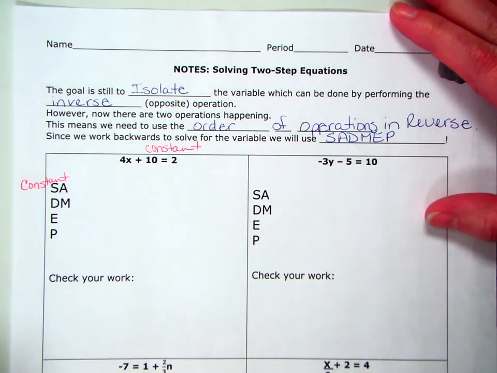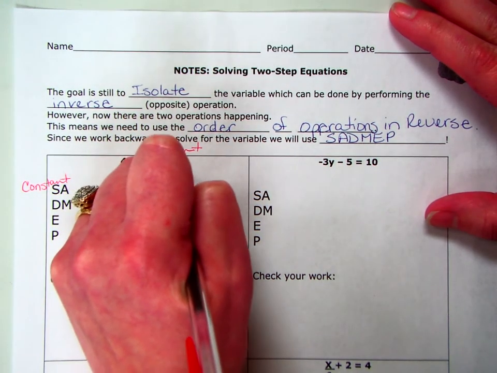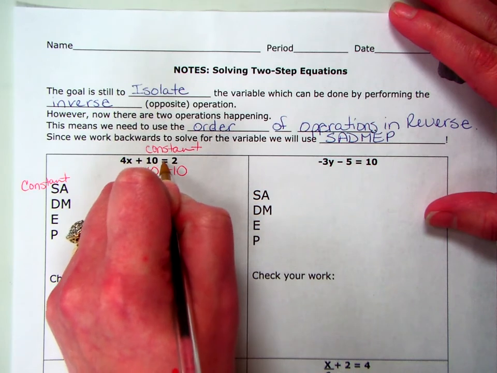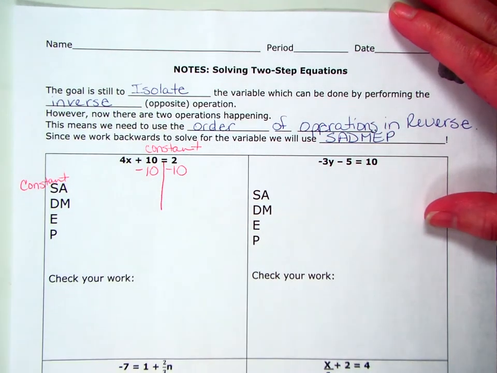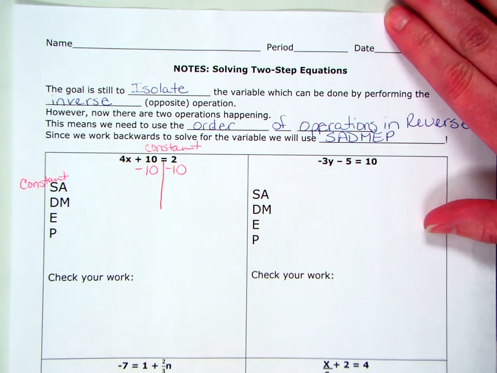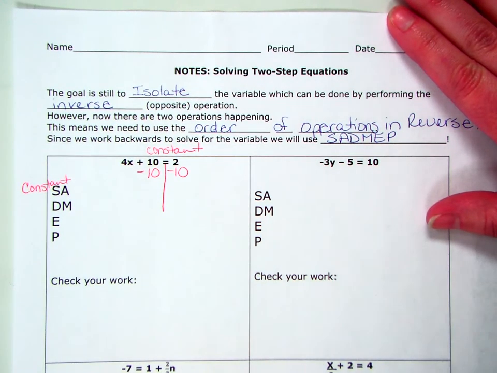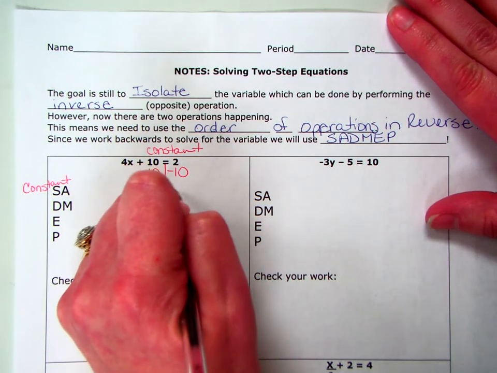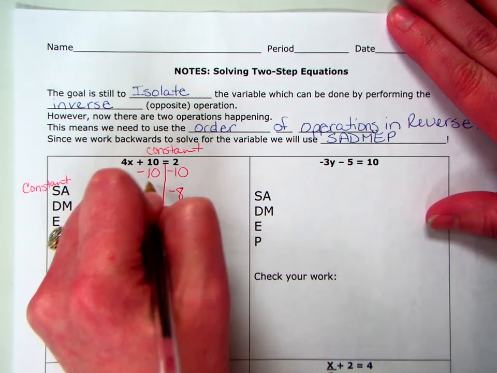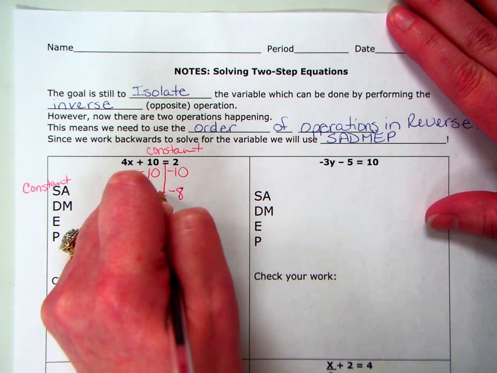So the inverse of adding 10 would be to subtract 10 from both sides of the equation. And I always draw a line through the equal sign so I know what two sides of the equation there are. So 2 minus 10 is negative 8. And 10 minus 10 is 0. So I'm left with 4x equals negative 8.